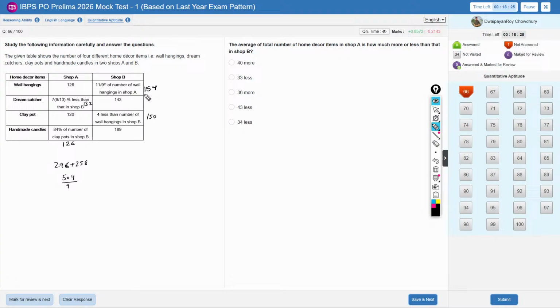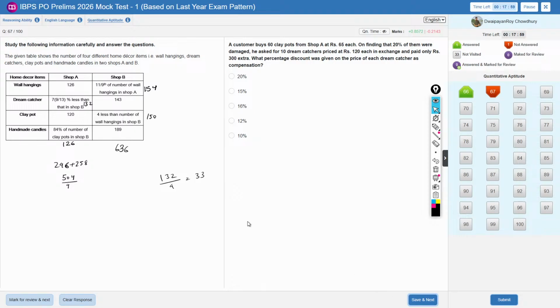So the difference is 132 upon 4, which is going to be 33. 33 less or more, I don't know, but something related to 33. But in A it is asked how much more or less, 33 less.